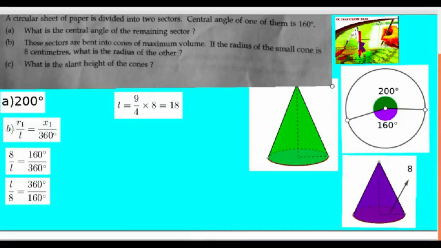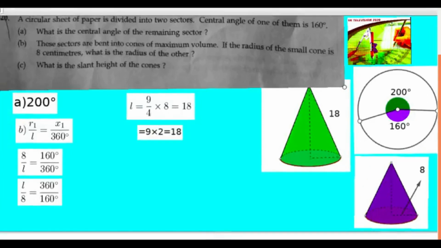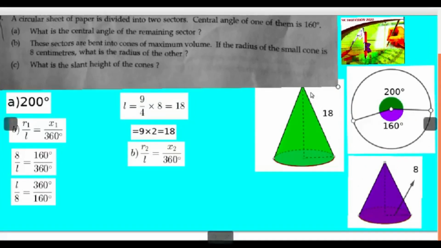So the slant height of this cone is 18, and the slant height of the other cone is also 18, because the radius of the sectors is equal to 18 centimeters. Here we consider the second cone.